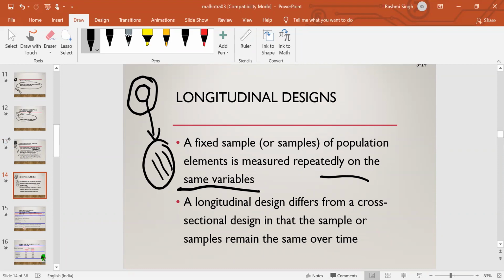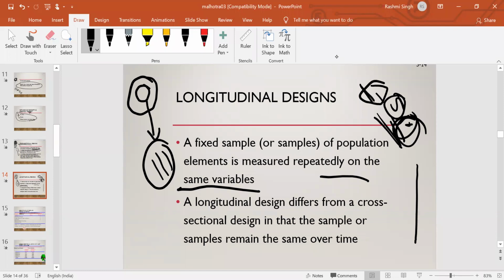Suppose you want to perform a longitudinal study, let's say you want to know the consumer reaction towards the present BJP government. So you will, from the last 5 years or last 10 years, conduct some study to know the consumer reaction towards this particular government.